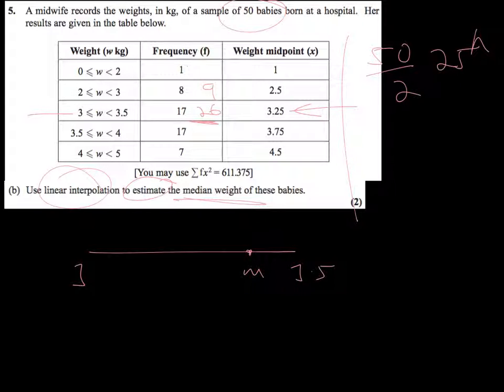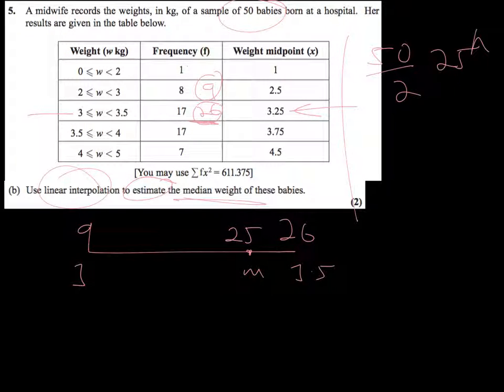Now we also know that there are 9 pieces of information less than 3, so that value of 9 is going to go here, and there are 26 pieces of data at the end of the range, so that 26 is going to go here, and we know that the 25th piece is the median.